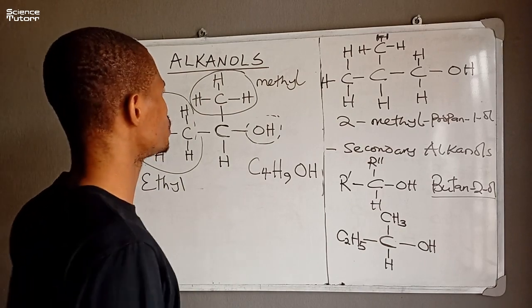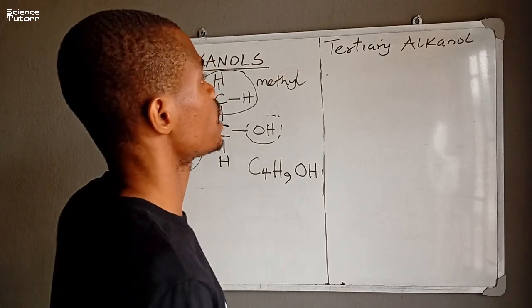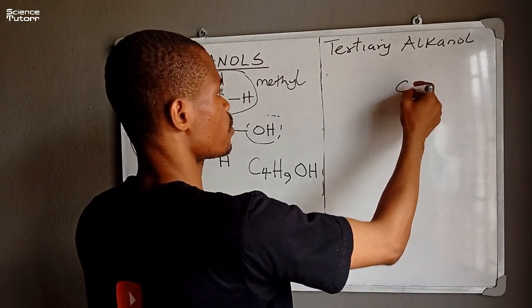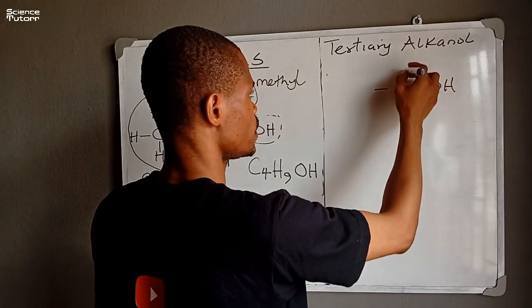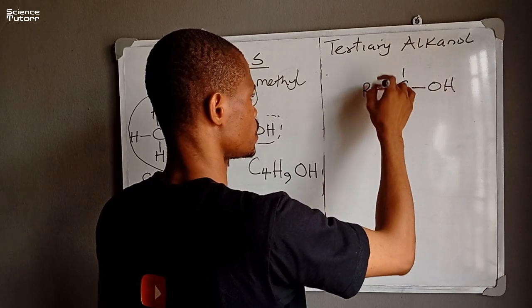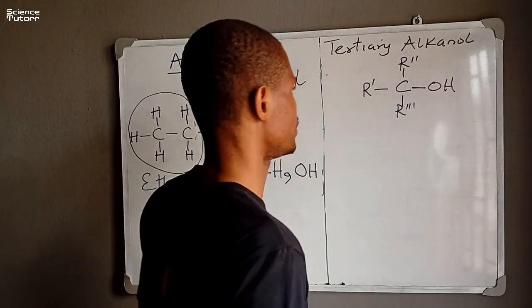On to the next, which is the tertiary alkanol. Remember, in a tertiary alkanol, the carbon carrying the functional group is attached to 3 alkyl groups. In this case, R prime, R double prime, R triple prime.